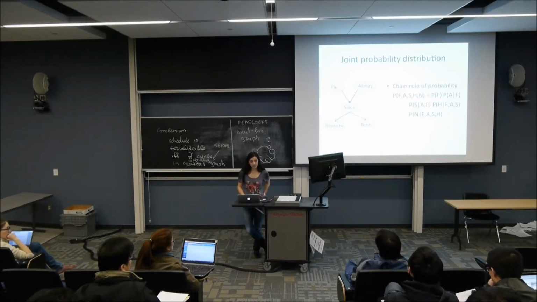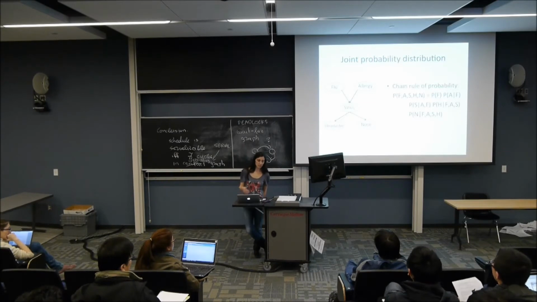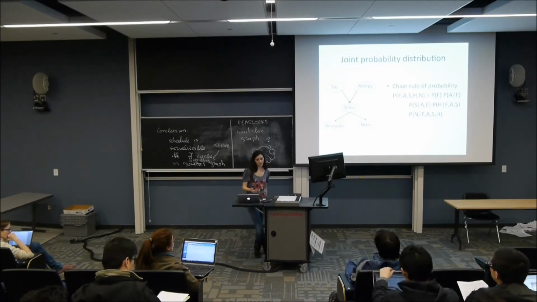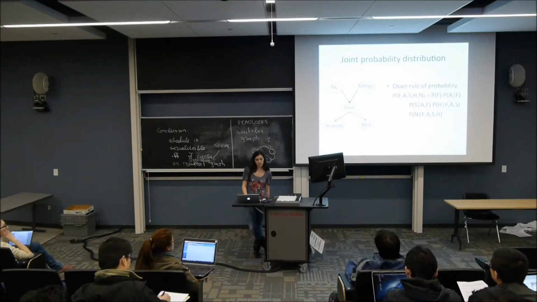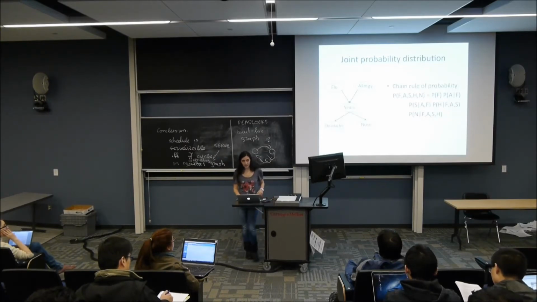Yes, it is dependent. Because it's descendant, it is not. So it's only independent of its non-descendants. So for example, n is a non-descendant of h. Okay. So given s, it's going to be. Okay? We're going to make do with examples.